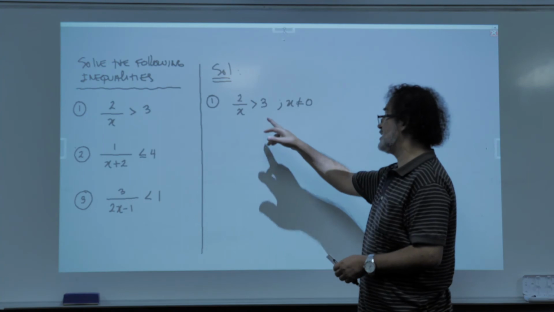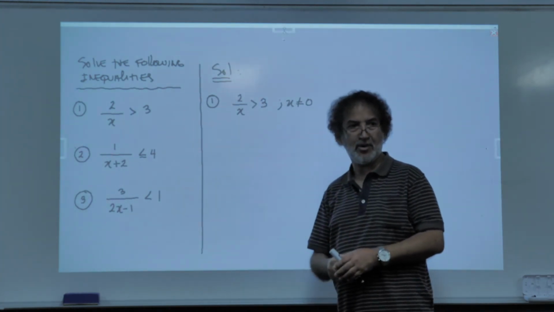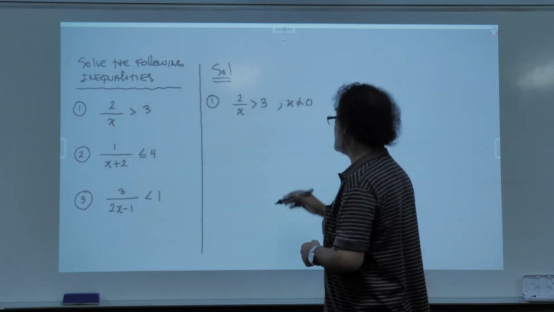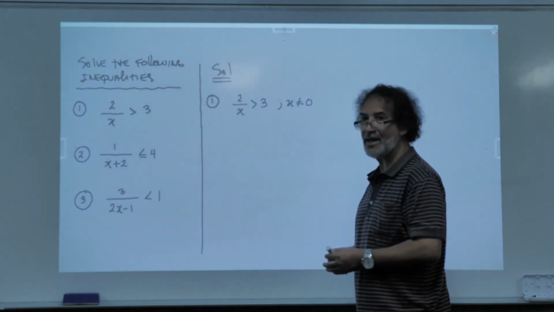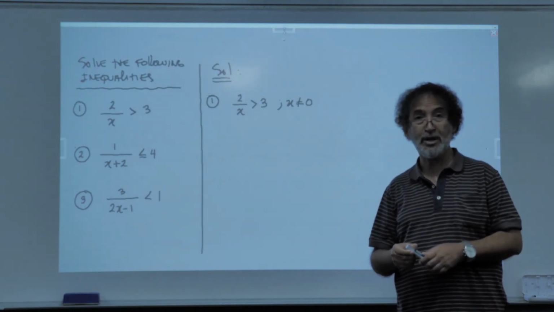Somebody said yesterday that we multiply by x squared. And that is the solution. So rather than multiply by x, we're going to multiply by x squared, because we know for sure that x squared will always be a positive number.